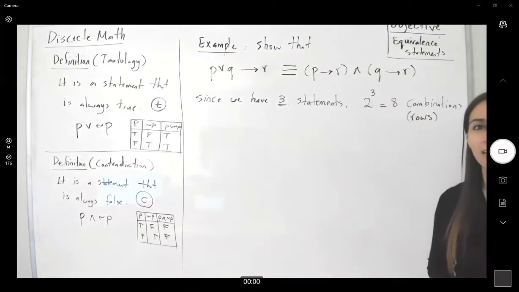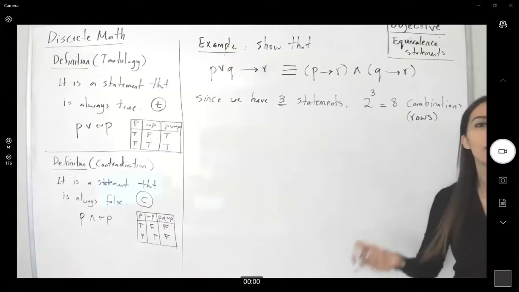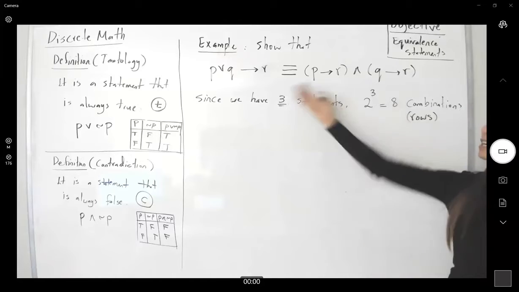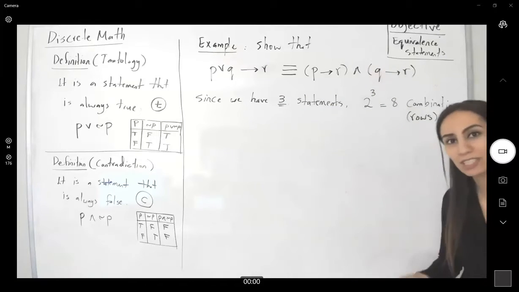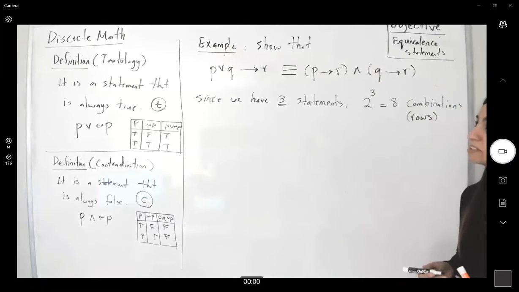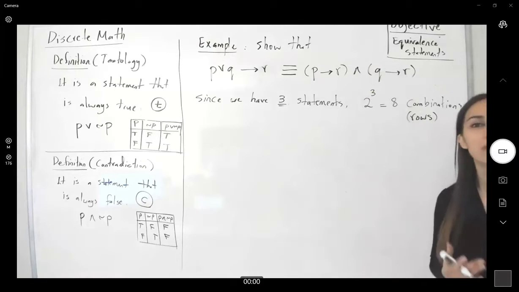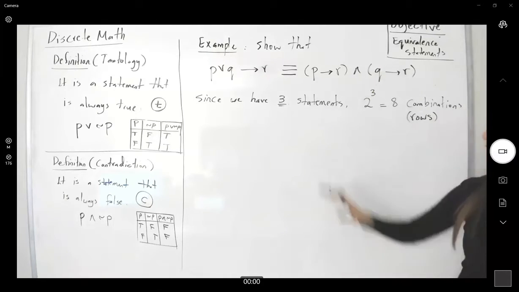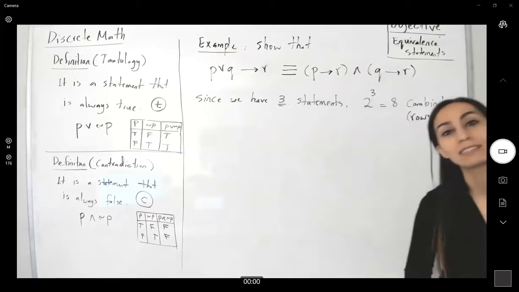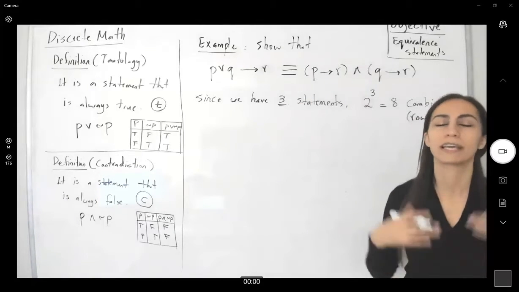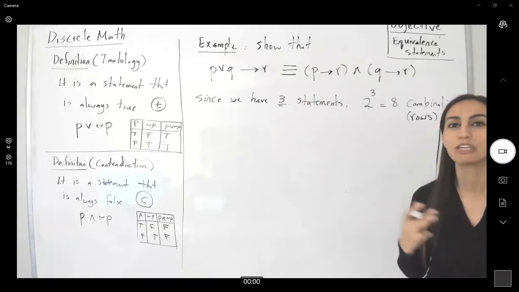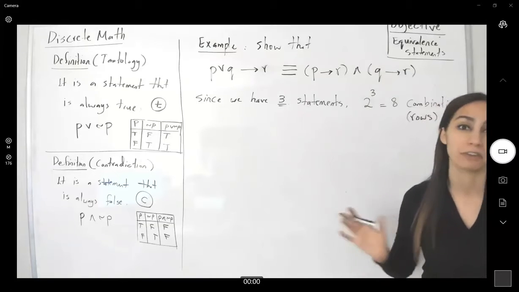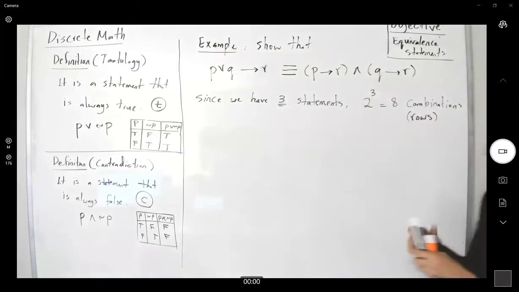I expect you to ask, do we have other methods of proving 2 compound statements are equal to each other? Actually, we do. We have some laws to follow and show that more complicated, more complex compound statements are actually equivalent to each other, or they are not equivalent to each other.